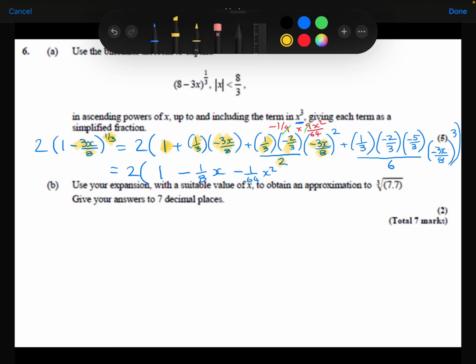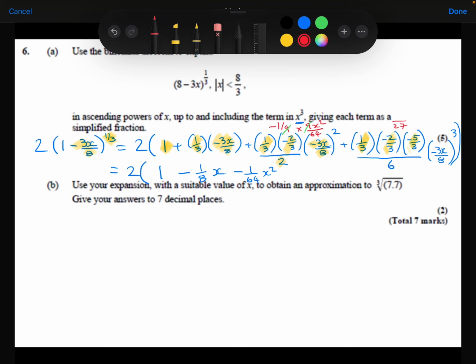Right, the cubic term. We've got the 1/3 times the minus 2/3 times the minus 5 over 3. So the 3 times 3 times 3 will give us 27 on the denominator. The numerator, the 1 times the minus 2 times the minus 5.